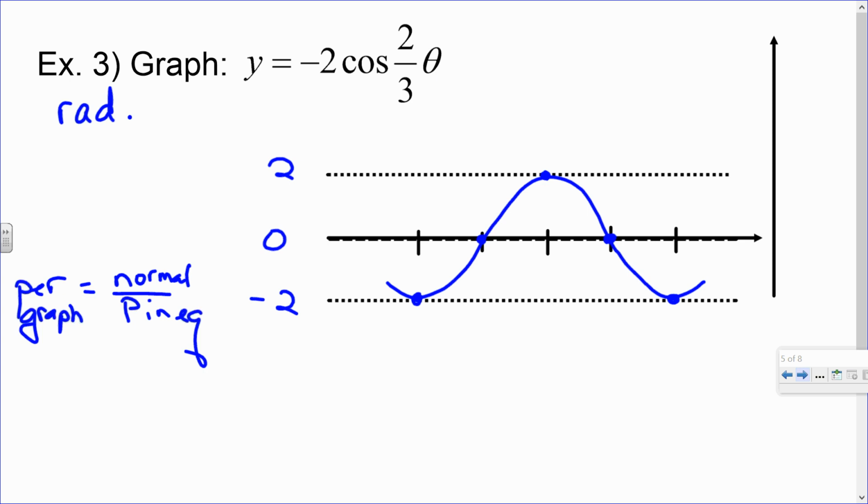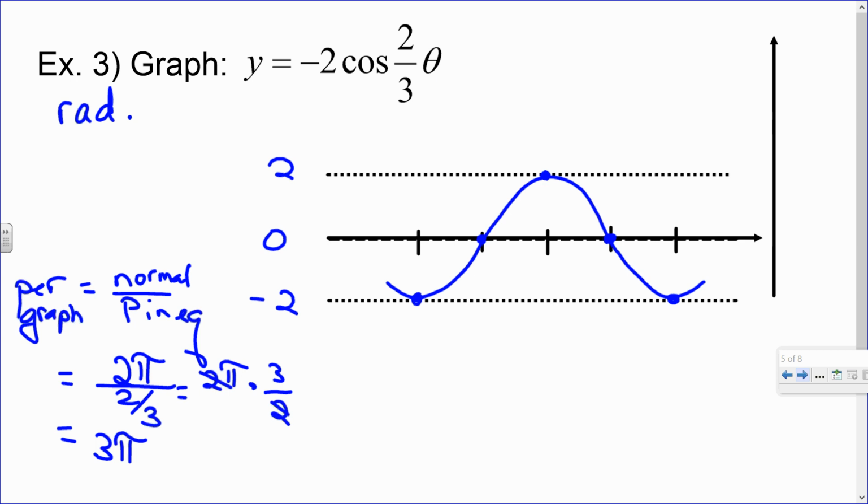So if I write it in on a problem set question, you need to follow those directions. So what is your normal period for radians? 2 pi, and what is the p in the equation? 2/3. So if I'm dividing by a fraction, I take the fraction, turn it upside down, multiply. So my period on the graph needs to be 3 pi.